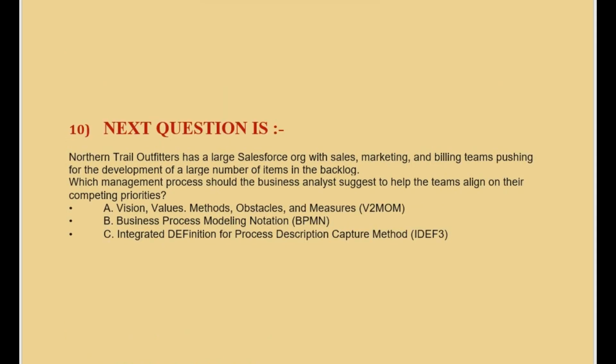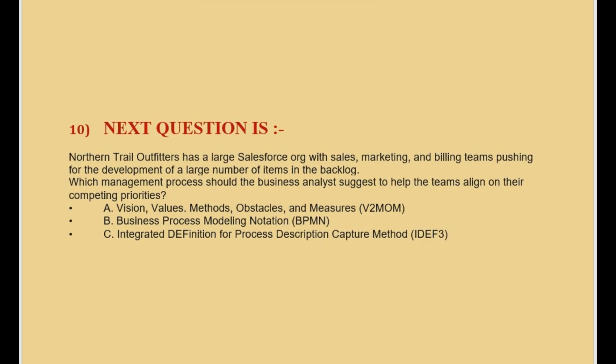Question is, Northern Trail Outfitters has a large Salesforce org with sales, marketing, and billing teams pushing for the development of a large number of items in the backlog. Which management process should the business analyst suggest to help the teams align on their competing priorities?